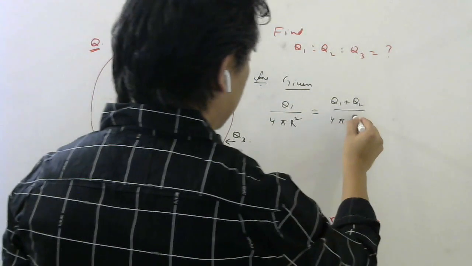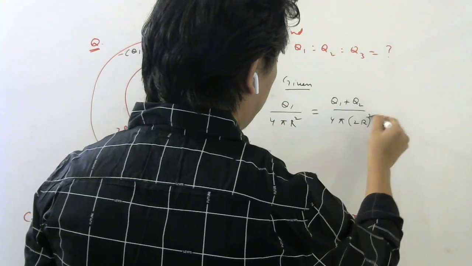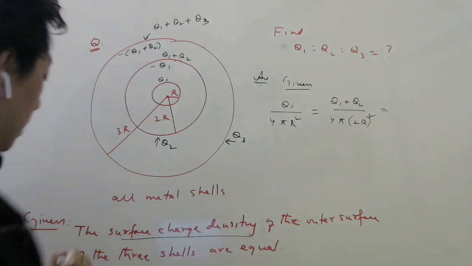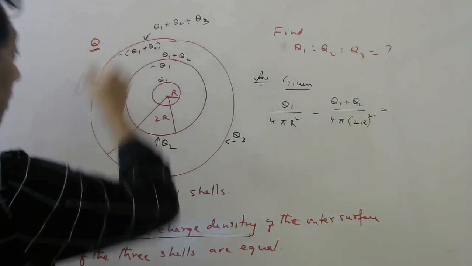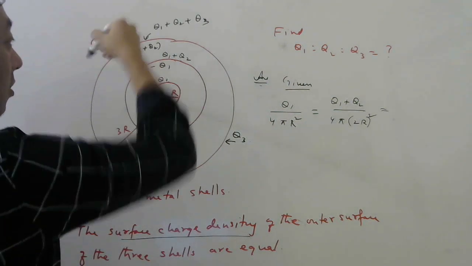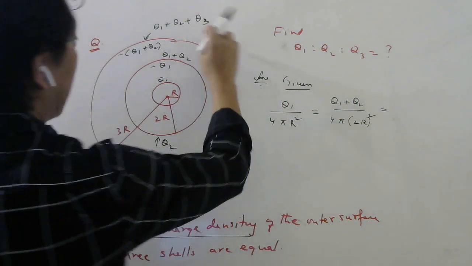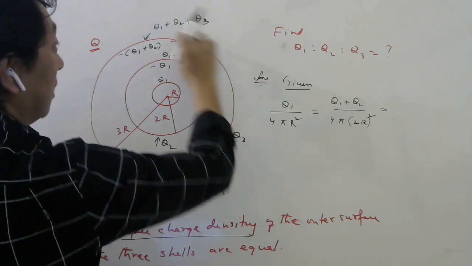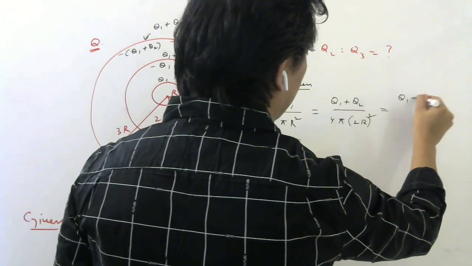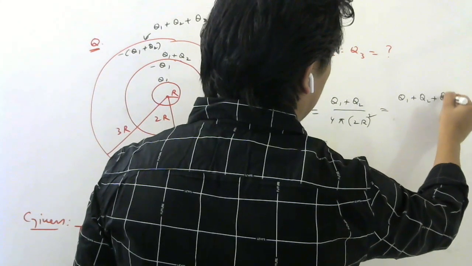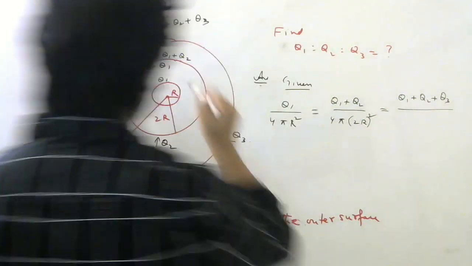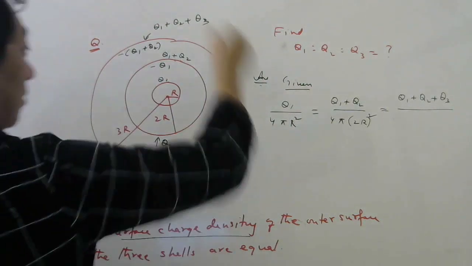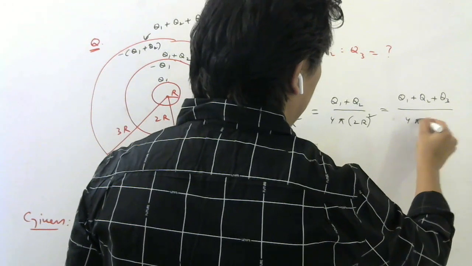divided by radius is 2r square. That should be equal to the surface charge density of the outer surface of the third shell. What is the charge on the outer surface of the third shell? Charge is q1 plus q2 plus q3 divided by area of the outer surface will be 4 pi radius square.